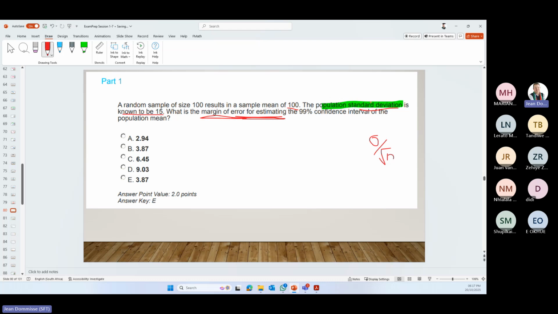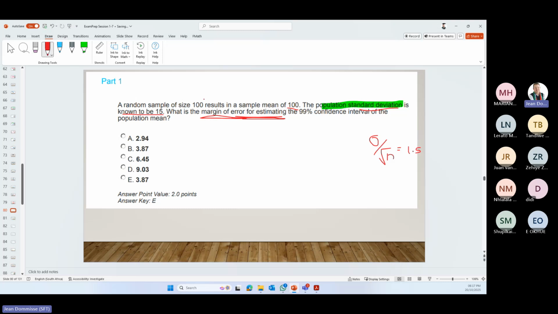The population standard deviation was 15, the sample is 100, so the square root of the sample is 10. That would have been 1.5. Luckily there is no 1.5 here.